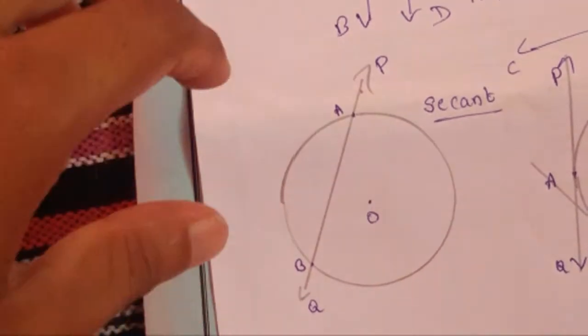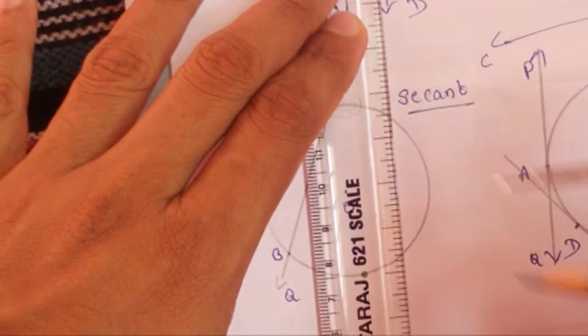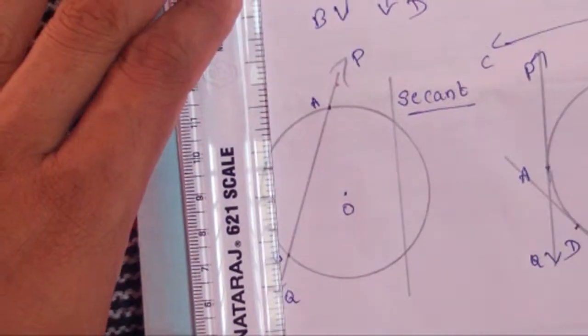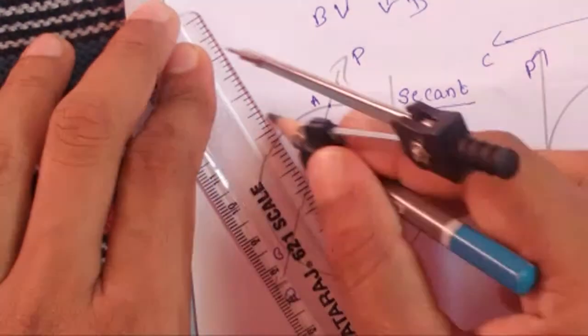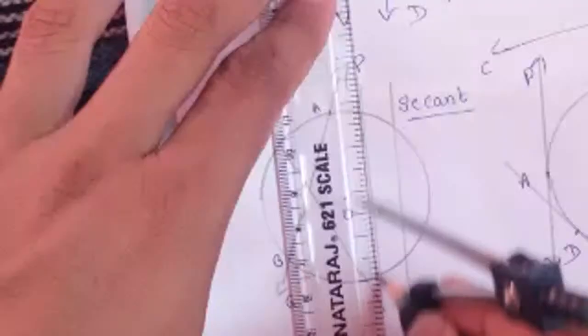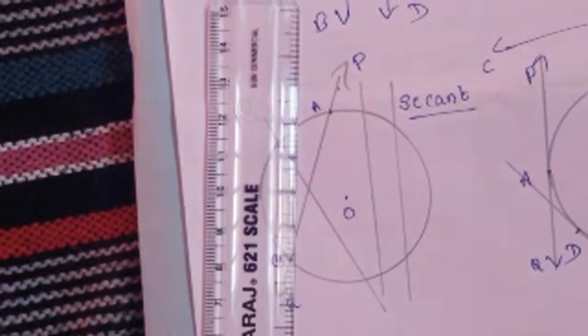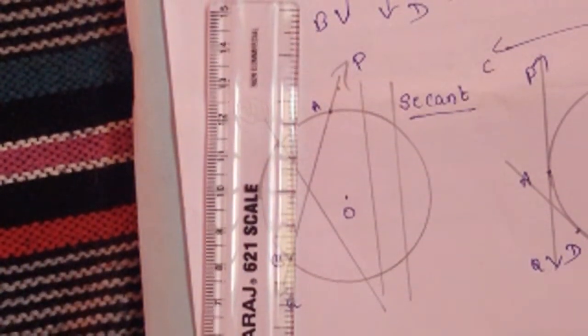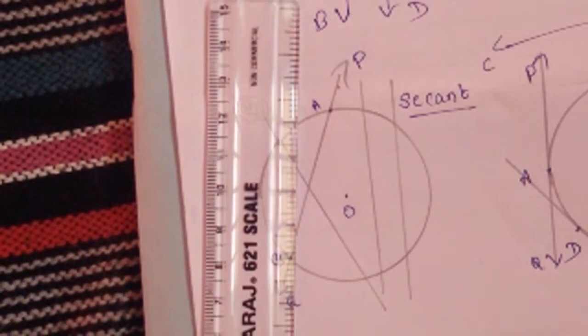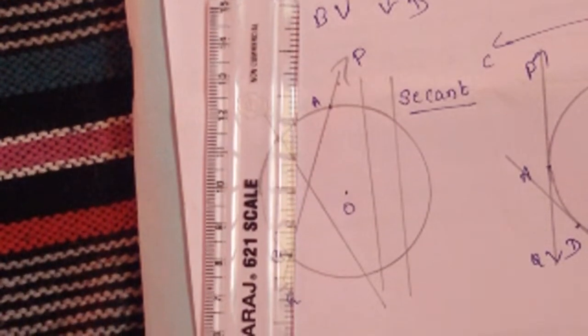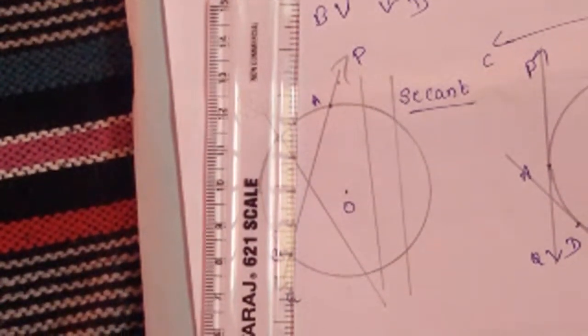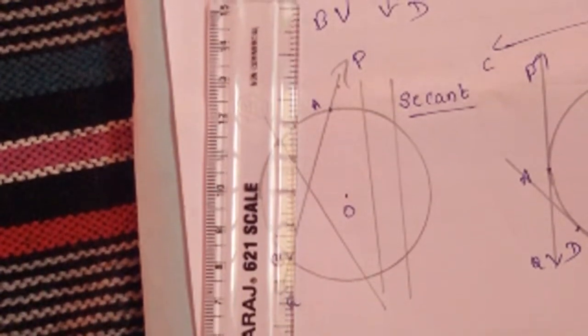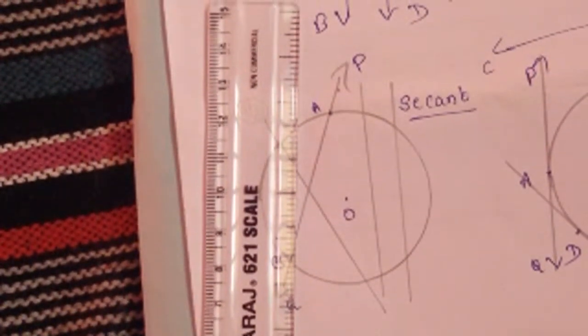Okay, yes, your answer is correct. I can draw this line, this is also called a secant. I can draw this line, this is also called a secant. I can draw this line, this is also called a secant. Now comment which secant we can consider as having the highest length inside the circle.